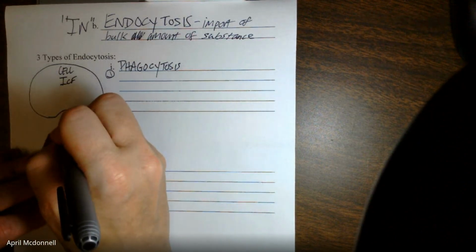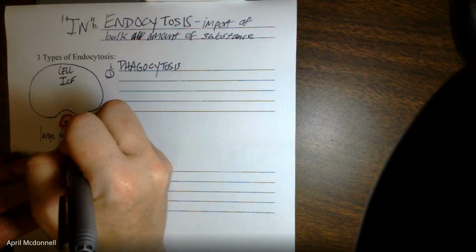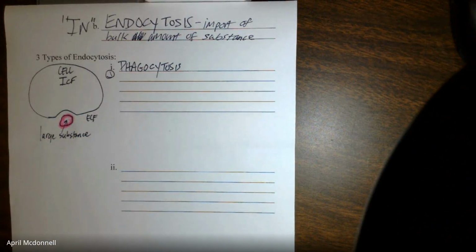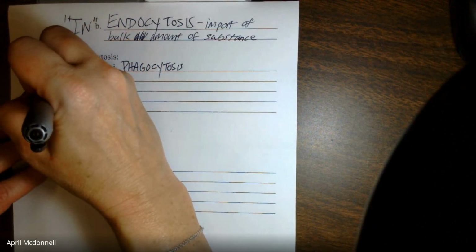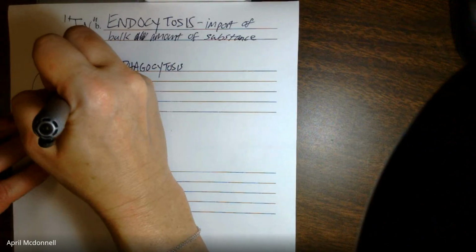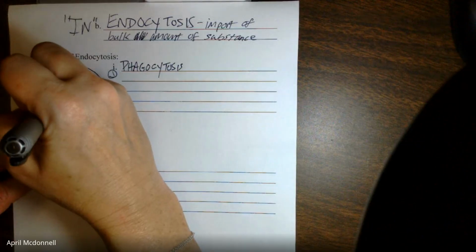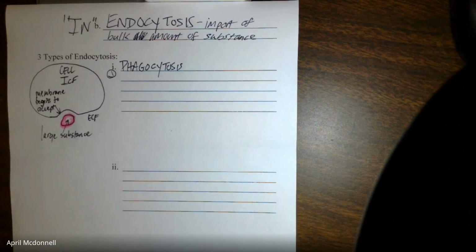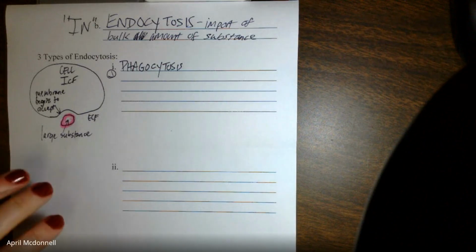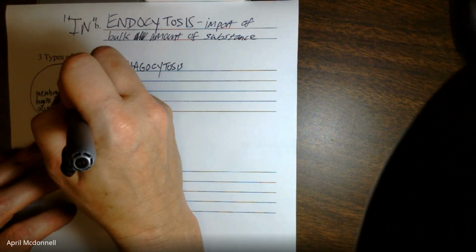Here's our large substance. So the membrane forms a little indentation to begin to accept this large, bulky substance. And eventually, this substance moves all the way in.